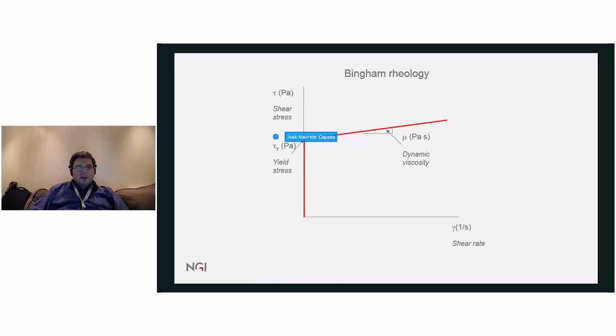The first parameter, the yield stress, is basically the intercept or the breaking point between this vertical line and this inclined line, and the viscosity is given by the slope of this second segment. So the behavior is given by these two red lines.